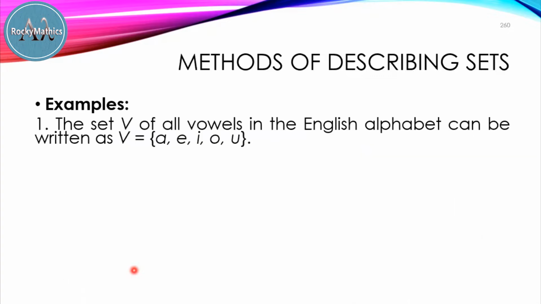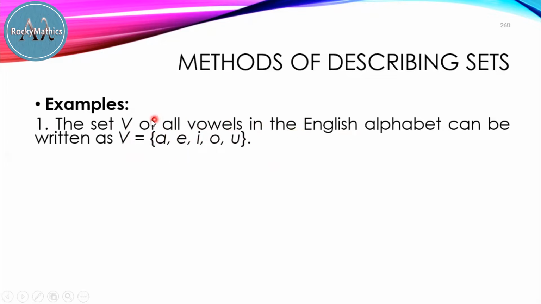For example, the set V of all vowels in the English alphabet can be written like this: V is equal to the set of a, e, i, o, and u. Notice that these are vowel letters in the English alphabet. So it is described as the set of all vowels in the English alphabet.